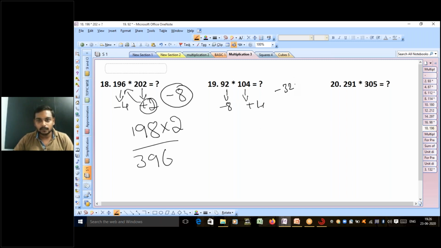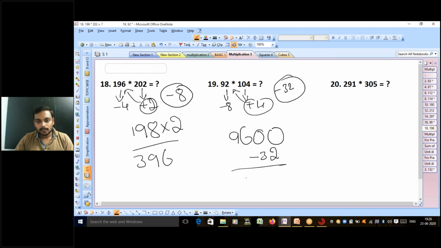It is minus 32. Just add 4 to 92. You'll get 96. Just put 2 zeros and then subtract 32. So the answer will be 9568 for the 19th.